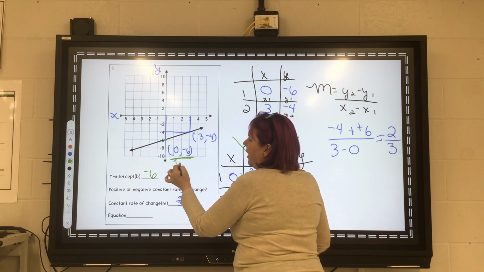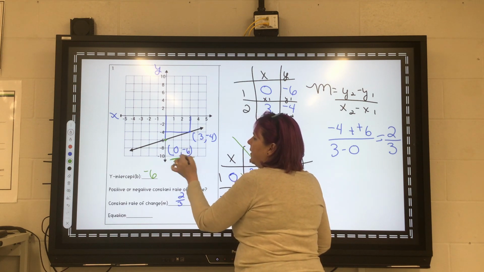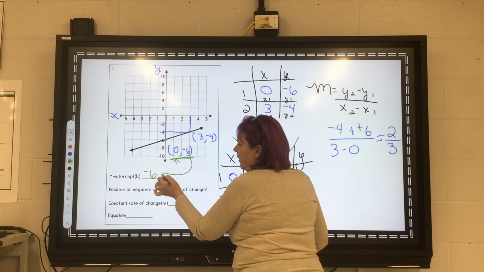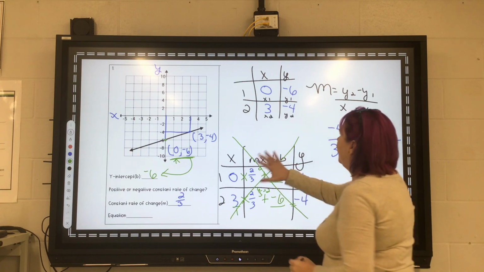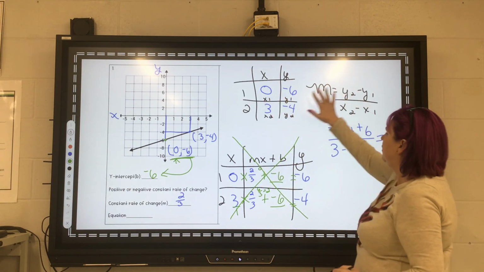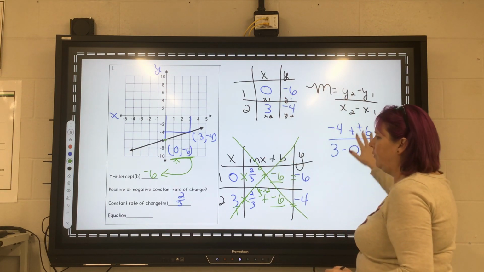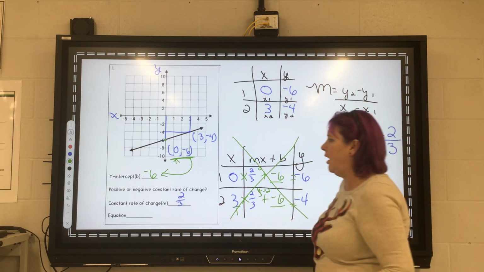So it's always going to have a 0 here, and then this number is going to be this one. So from now on, I don't have to do this part, I just have to do this part to find my rate of change.